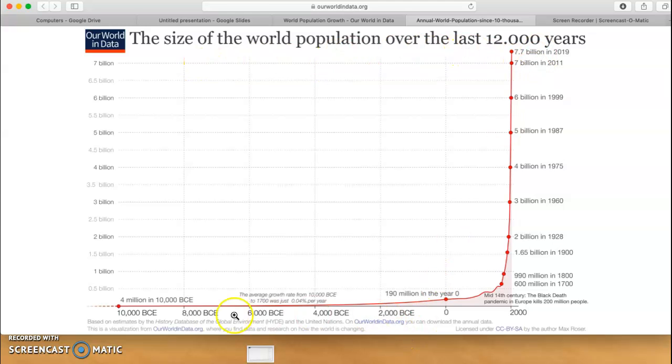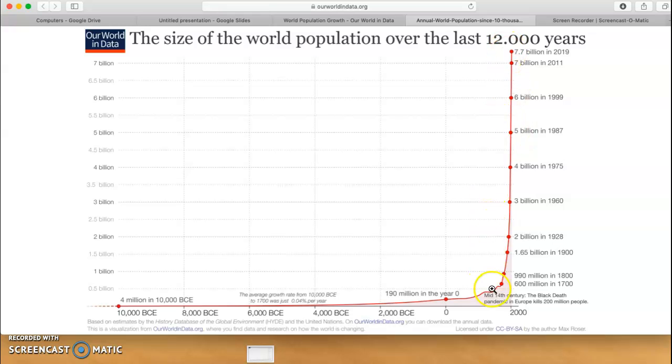As you can see on this chart, you have 4 million people in 10,000 BCE. And then that number starts to actually lessen. So it goes down, goes down, goes down. It goes even further down, and then you have this huge growth.